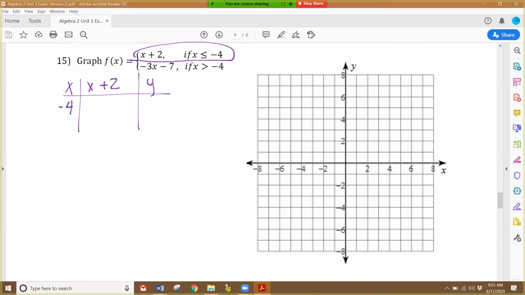I'm going to start with -4 because x can be less than or equal to -4. So -4 is the first number I'm going to plug in. That just means I'm taking -4 plus 2, which is -2. So on my graph, I'm going to graph -4, -2.